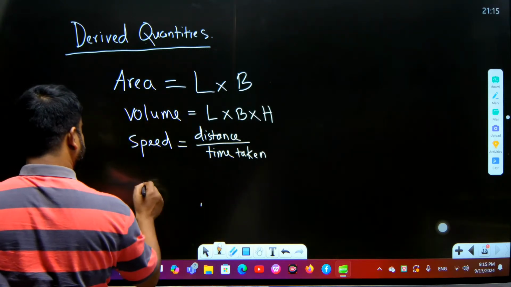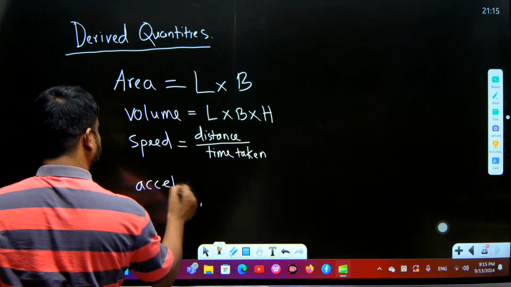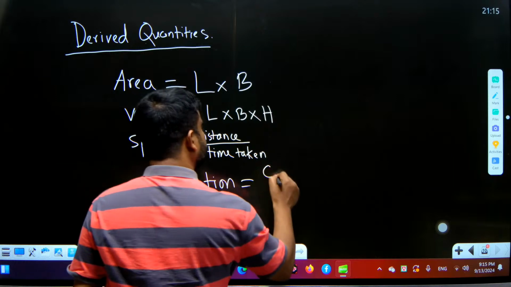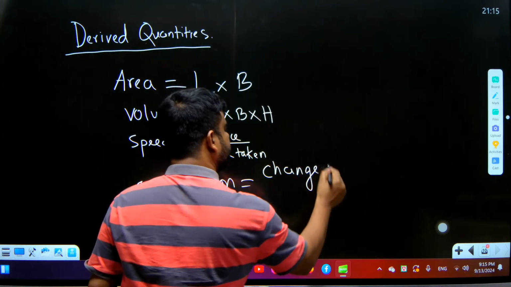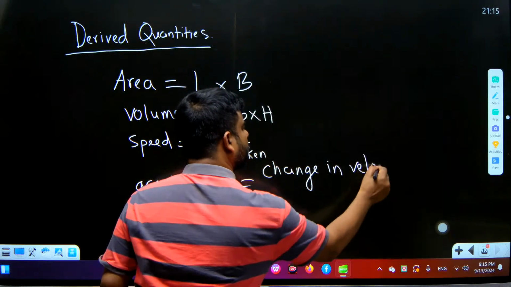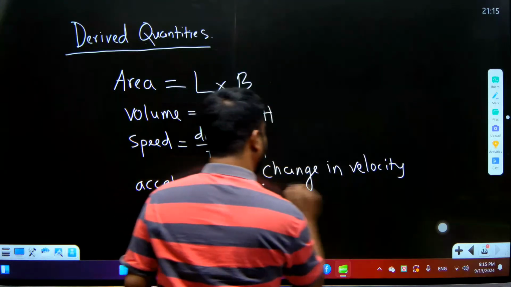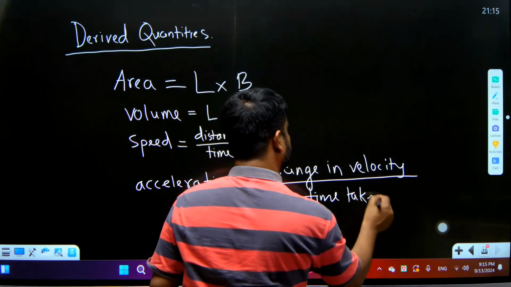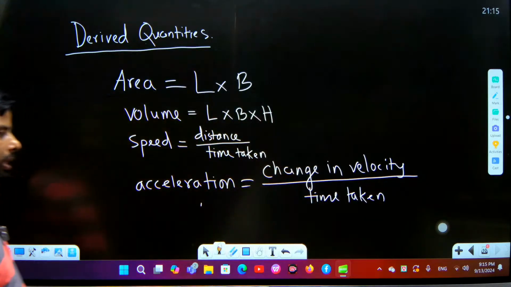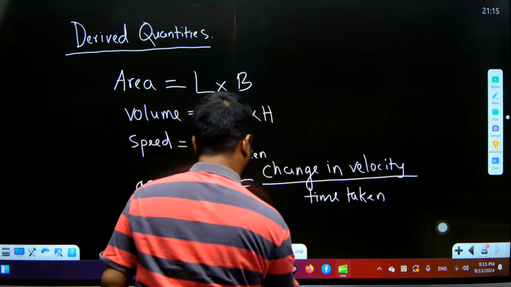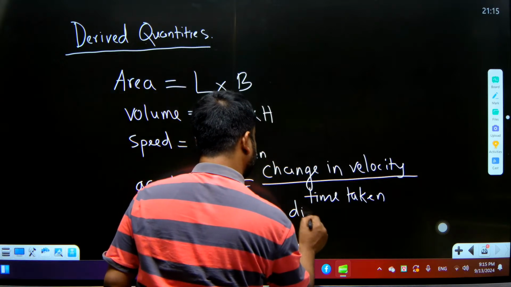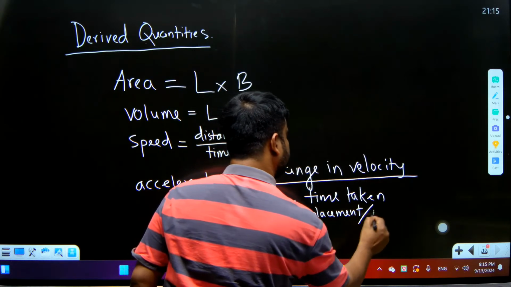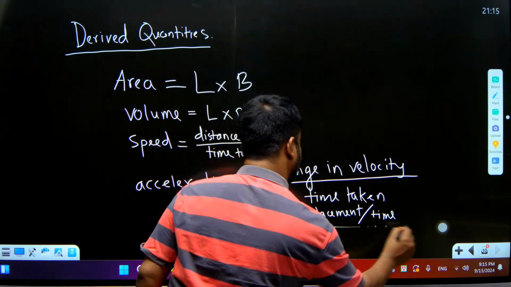Like acceleration. We know acceleration equals change in velocity divided by time taken. Again, velocity is a derived quantity, so displacement divided by time, divided by another time taken.